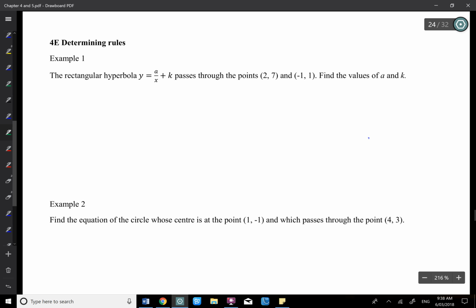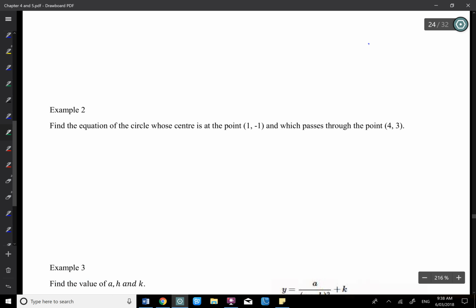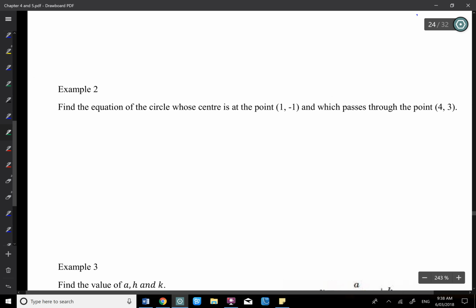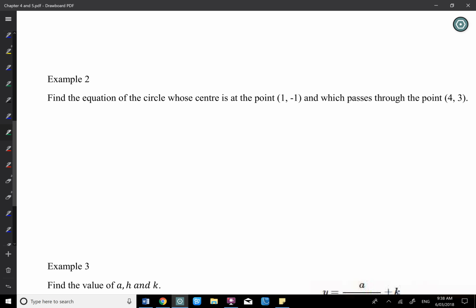I've asked you to do example 1 and 3 already, but let's have a look at example 2 first. Example 2 says, find the equation of the circle whose center is at the point 1, -1, and which passes through the point 4, 3.